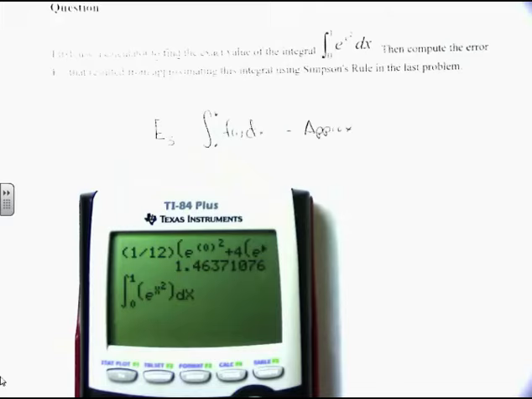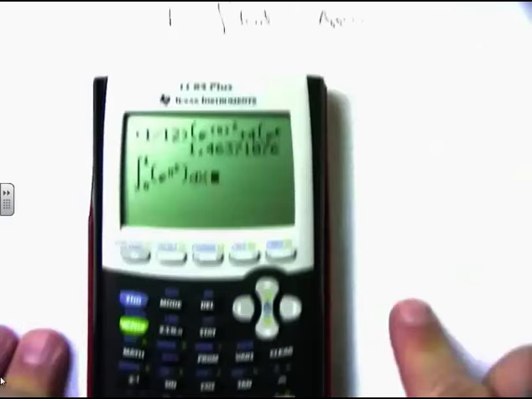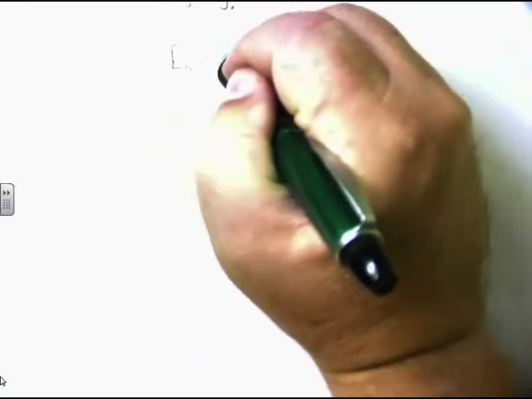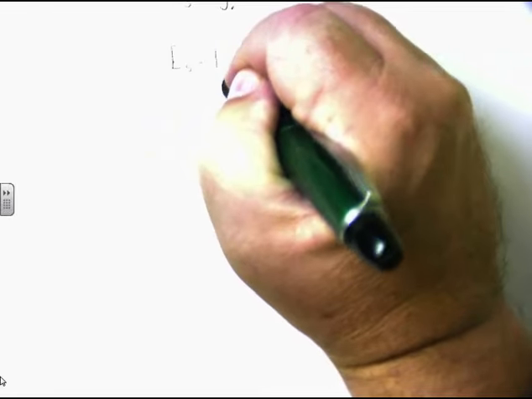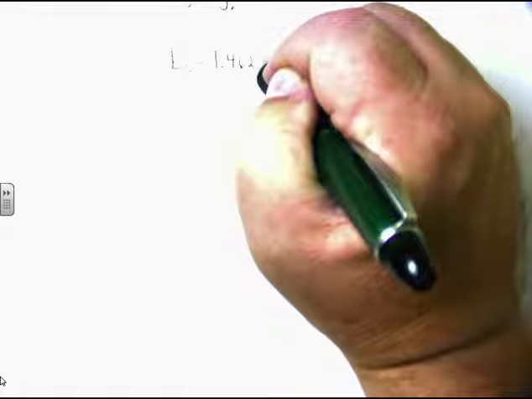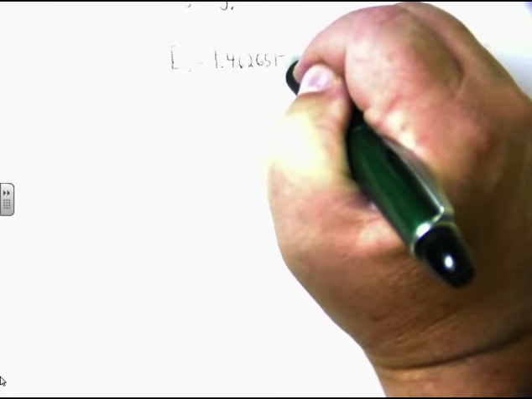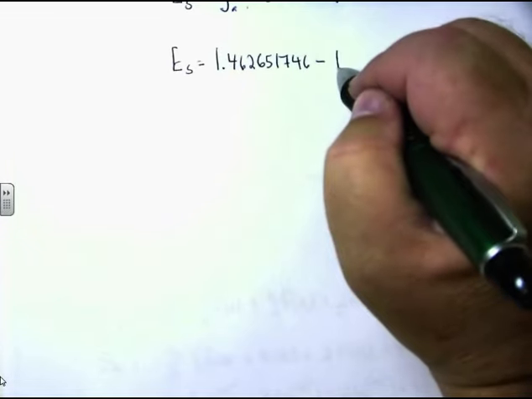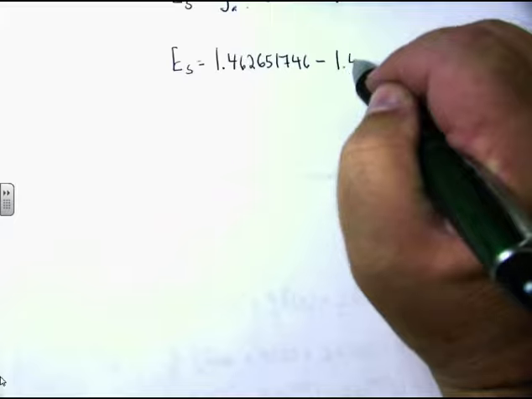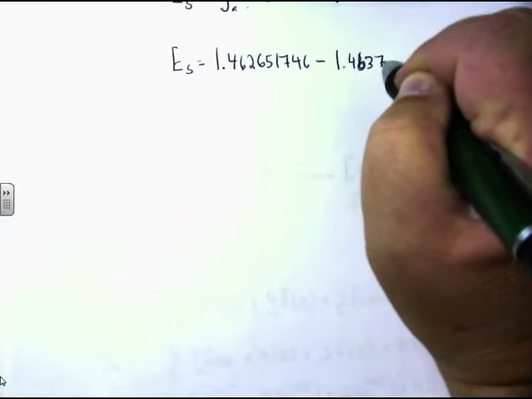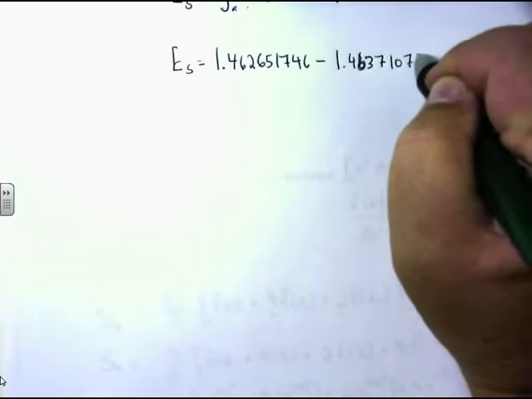That's what we were supposed to integrate. In this particular problem, just want to remind you what the original question was. So I typed it in exactly the way it looks, and the calculator gives me this. So my error for Simpson's rule would be the integral based upon the calculator, 1.46251746, no rounding on the decimals here. My approximation that we calculated on the previous page was 1.46371076.